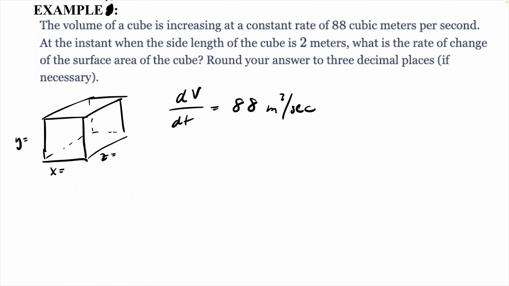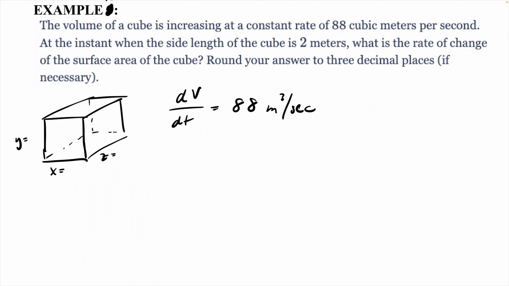Okay? What else do we know? At the instant, so here's the thing. What's special about a cube? It has 6 sides, but there are other things with 6 sides. They're all equal, right? This box here has 6 sides as well, but this is rectangular.